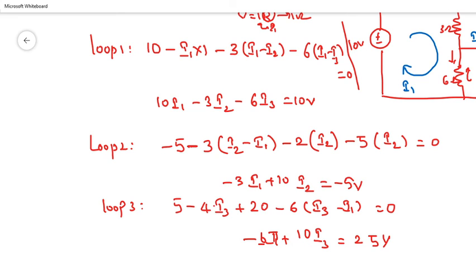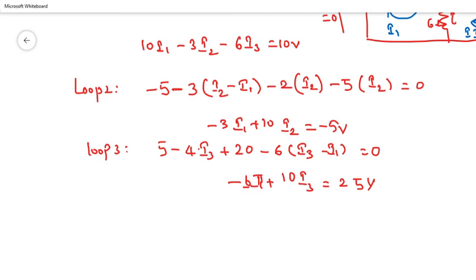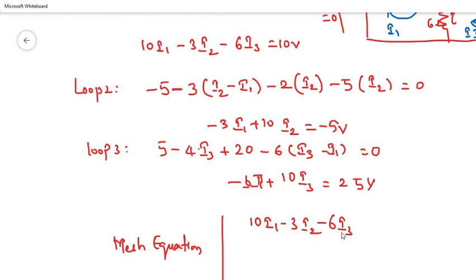So total 3 equations shall I write? Yes. So what are the mesh equations here? Mesh equations, there are 3 meshes. So here we are going to get 3 mesh equations, that is 10I1 minus 3I2 minus 6I3 equals to 10 volts, minus 3I1 plus 10I2 equals to minus 5 volts, minus 6I1 plus 10I3 equals to 25 volts.